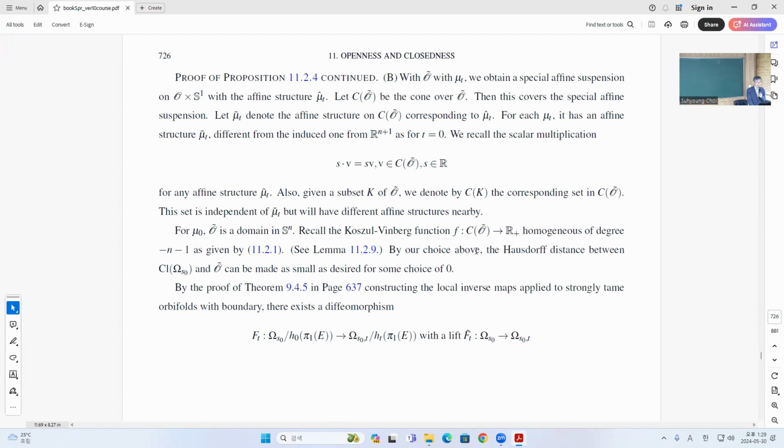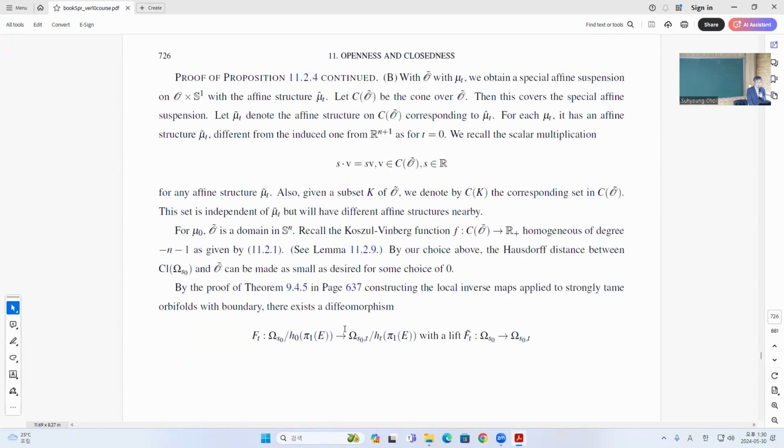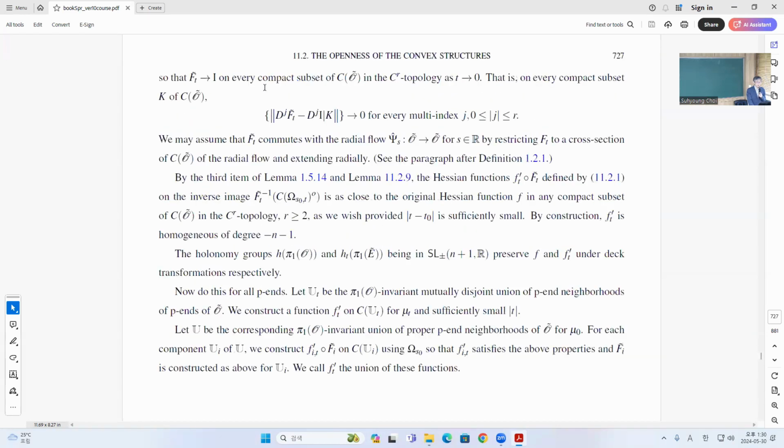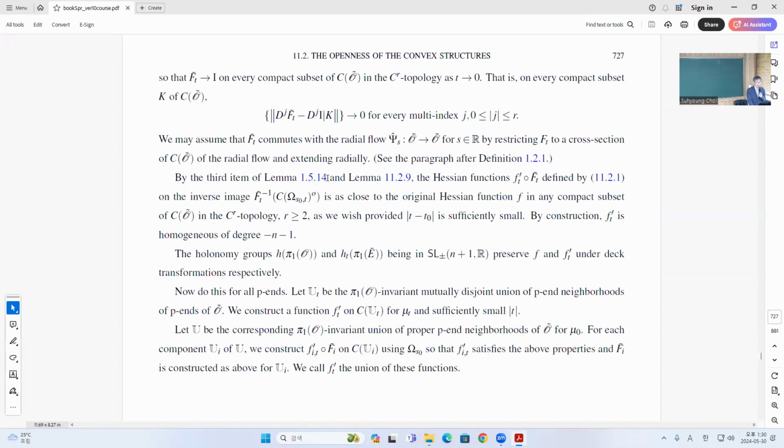So we have some approximation like this, and then you can also get some diffeomorphism between these, so that in every compact set in the C^r topology, these are near the identity. Outside this neighborhood, you can get these Hessian functions to be very close to the original Hessian functions.